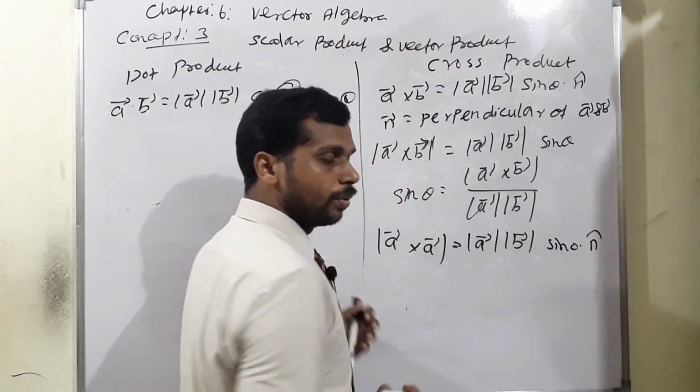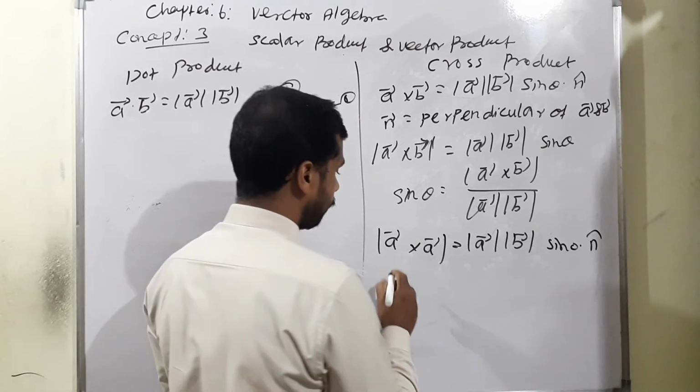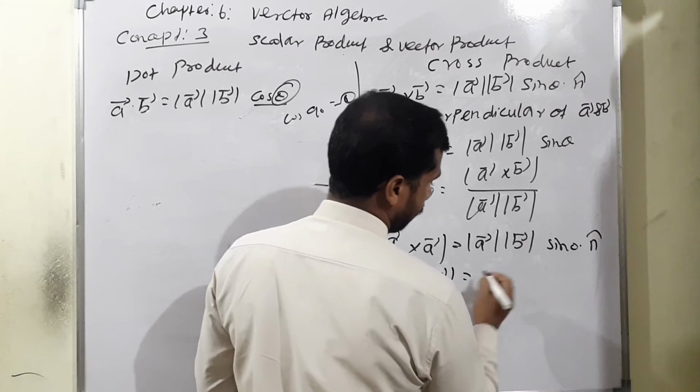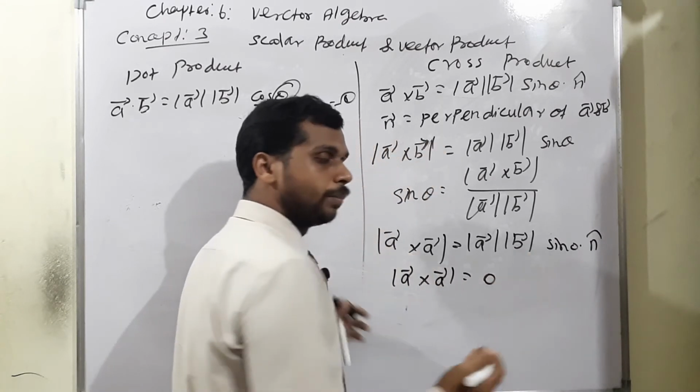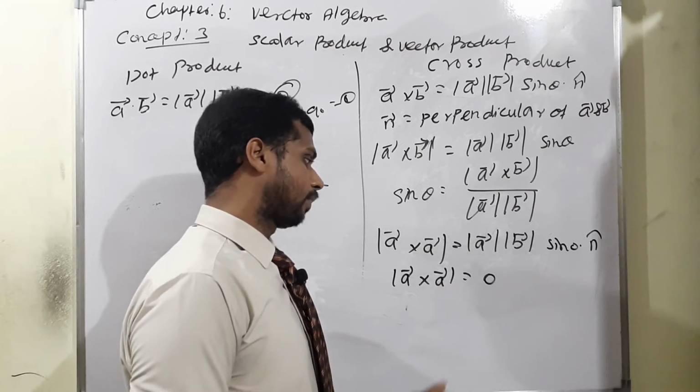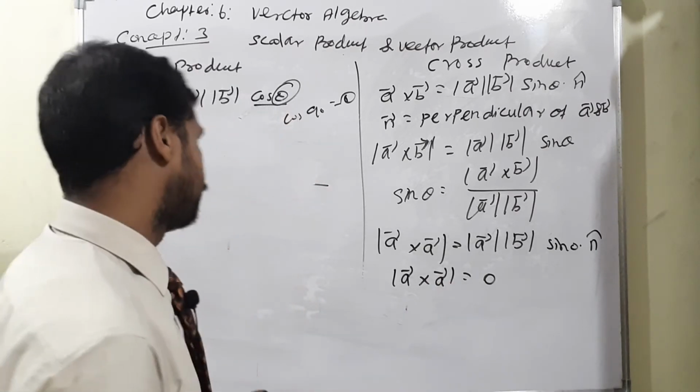Already we know sin 0 is 0. Therefore a vector cross a vector is 0, since 0 into anything is 0. So modulus of a vector cross a vector has the value 0.